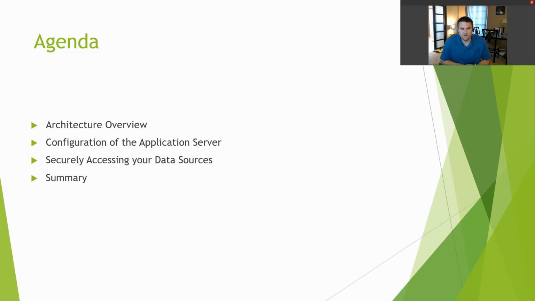Today I'll be going over my architecture, the configuration of the application server, and then a way to securely store and access your data sources in such a way that it is maintained in one place and it's not installed separately on 100 or 1,000 or 10,000 separate applications. And then I'll have a summary at the end.